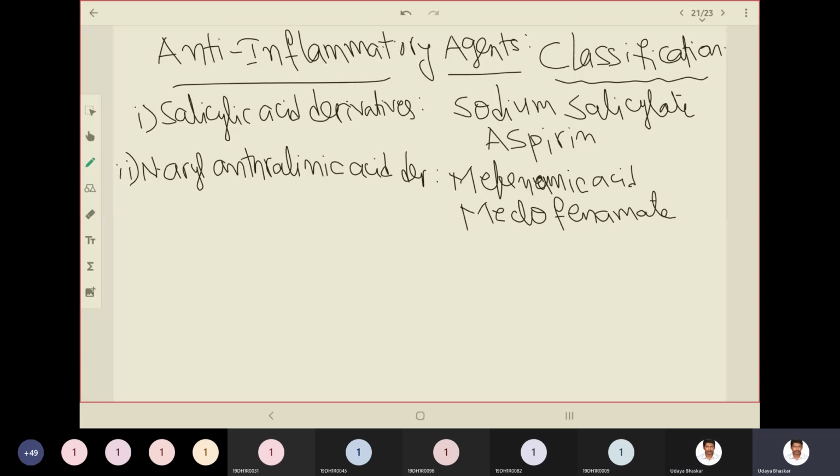And the third category includes heteroaryl acetic acid analogs.